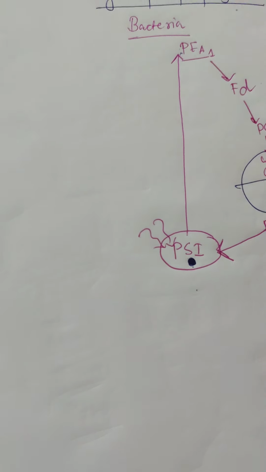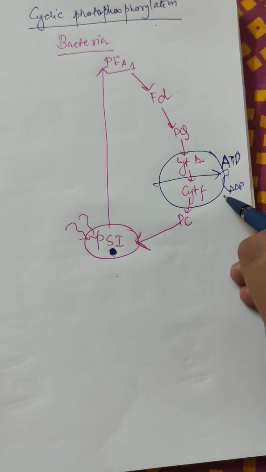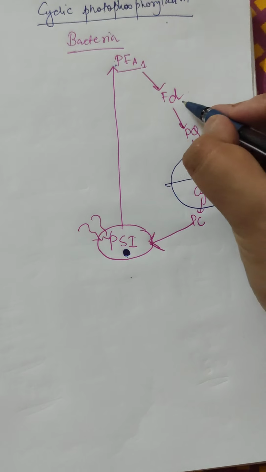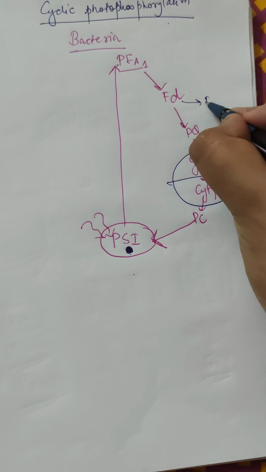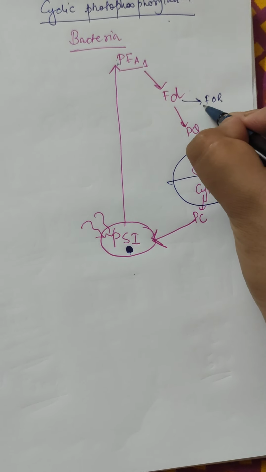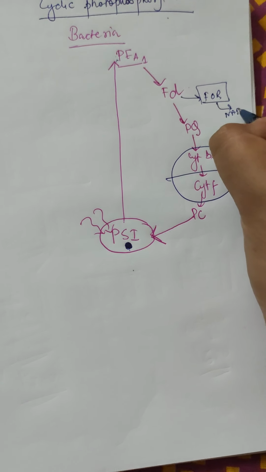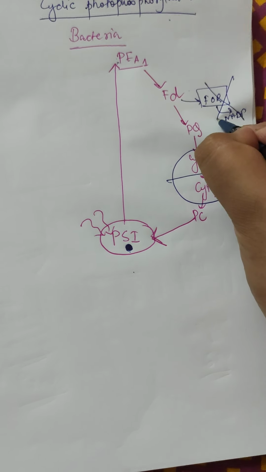So we see that definitely there is a production of ATP, but the electrons don't move to ferredoxin NADP oxidoreductase, and then they do not move to NADP. This does not happen over here.